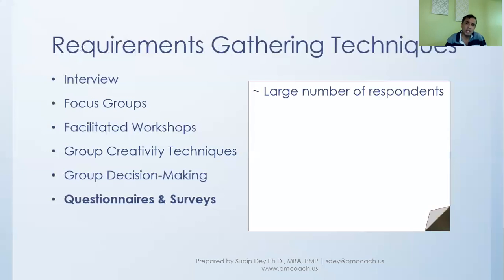Now, this questionnaire and surveys approach has the advantage that we can very easily reach out to a large number of respondents.